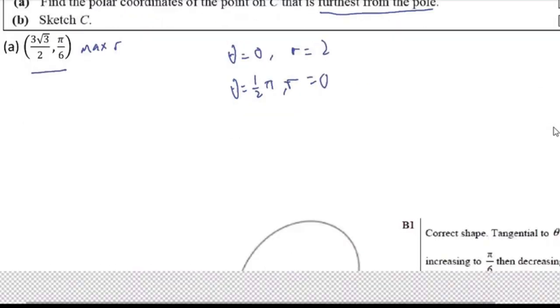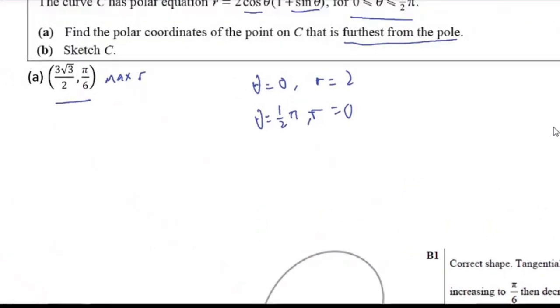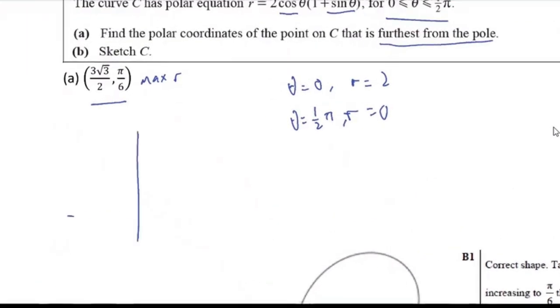So from there, when we sketch the graph, we know that when theta equals 0, r is 2. But as it goes to half pi, r should go to the origin. So we expect that it will be a curve which looks something like this.